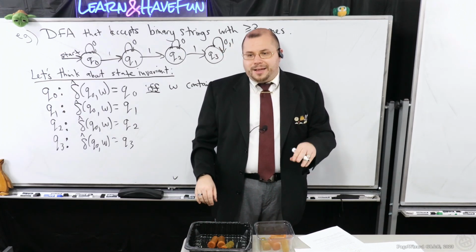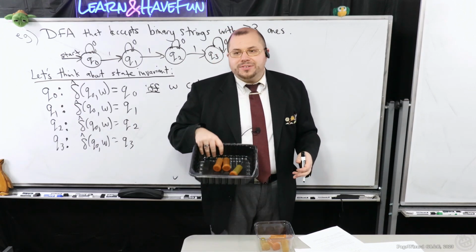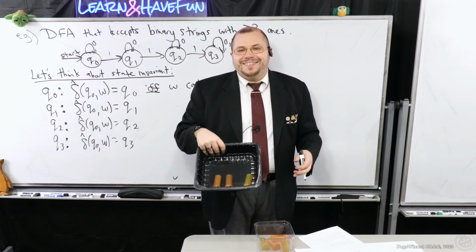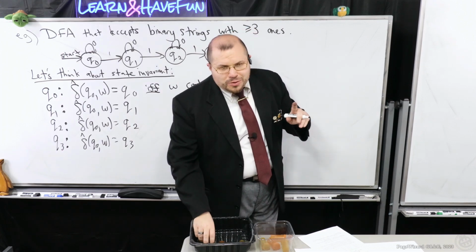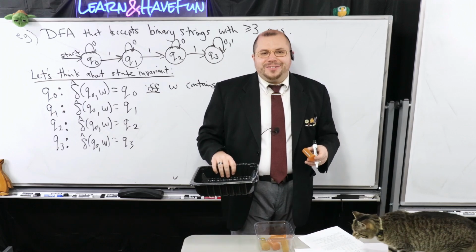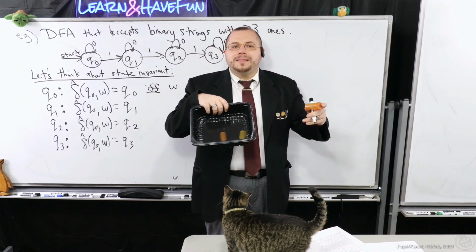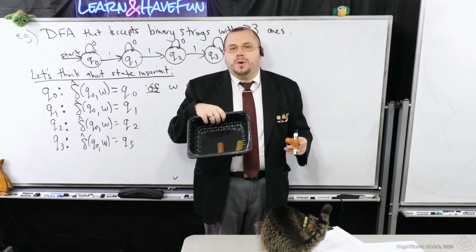But the point is if I read 4 ones, you'd agree with me that there's at least 3 ones, right? But here's where there's a little bit of a predicament. A tricky point is that if you had 3 ones in a string, you would agree with me that it has at least 2 ones in it, right?